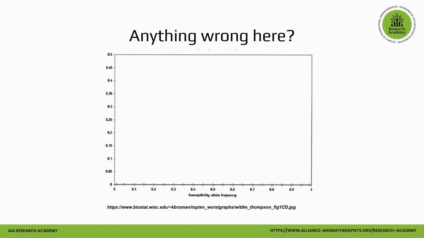Oh, it's all on the, is that the X? It's at the bottom. The X-axis, exactly. So is this graph needed? No. You just say it's whatever this scale is, it's all at 0. And you can avoid this graph completely.